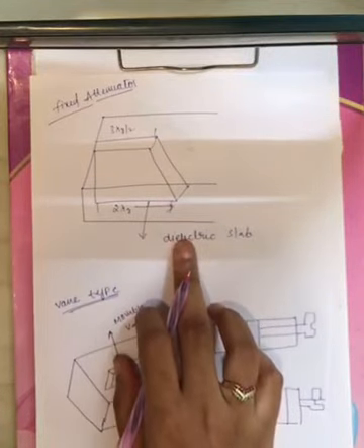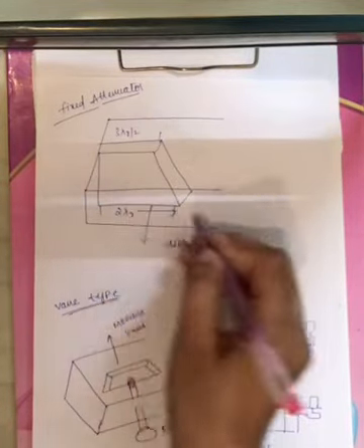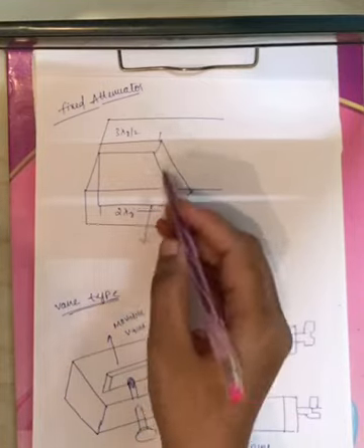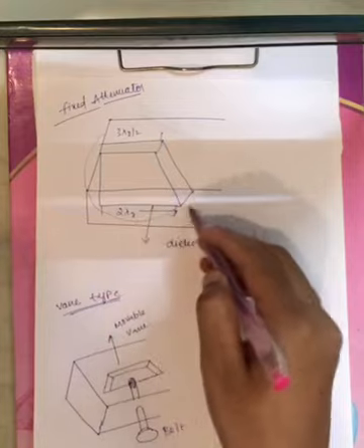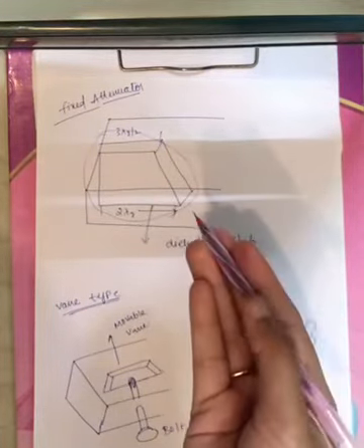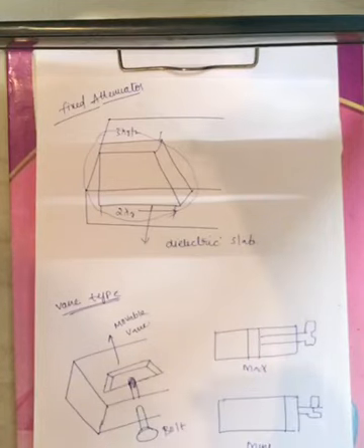Now coming to its structure, this is the structure of your fixed attenuator. This is your waveguide through which you are transmitting the microwave signal. If you see this structure, this is the extra structure which is inserted inside the waveguide in order to absorb the reflected signal.